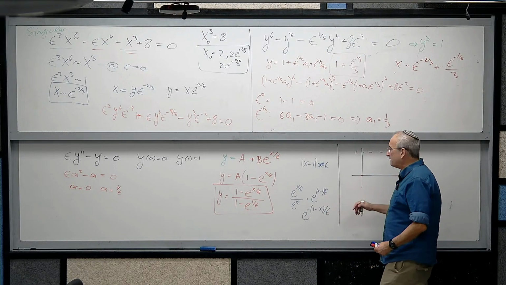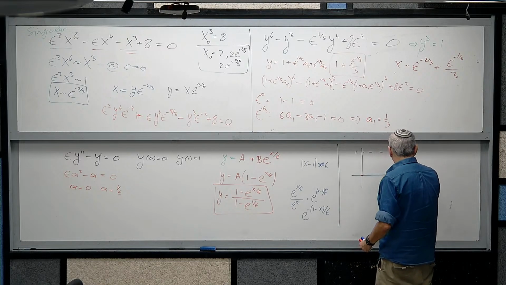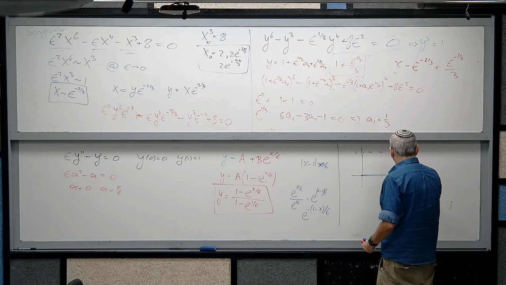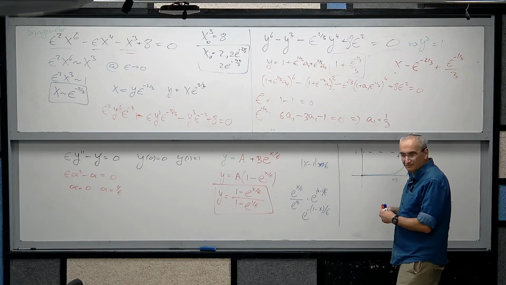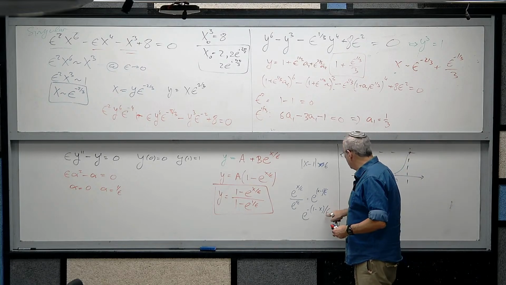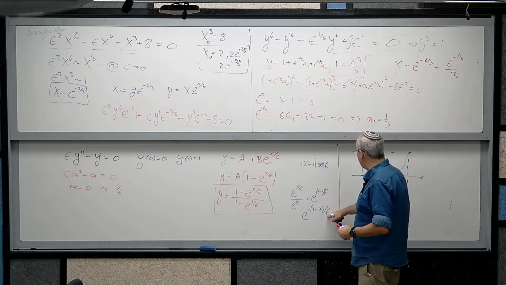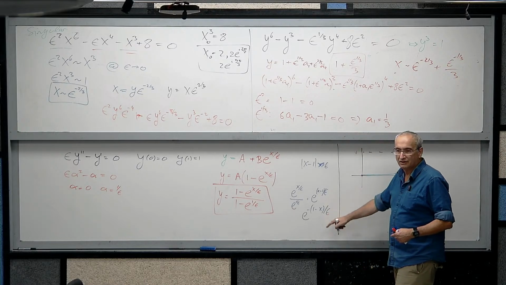So if epsilon is, say, 0.1, then it will go like that, and at 0.9, it will start shooting up. You see? And now if epsilon will be 0.01, what will happen?